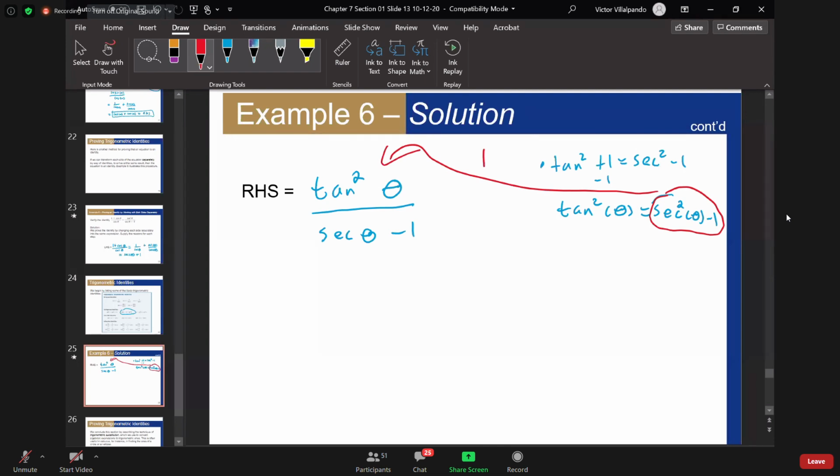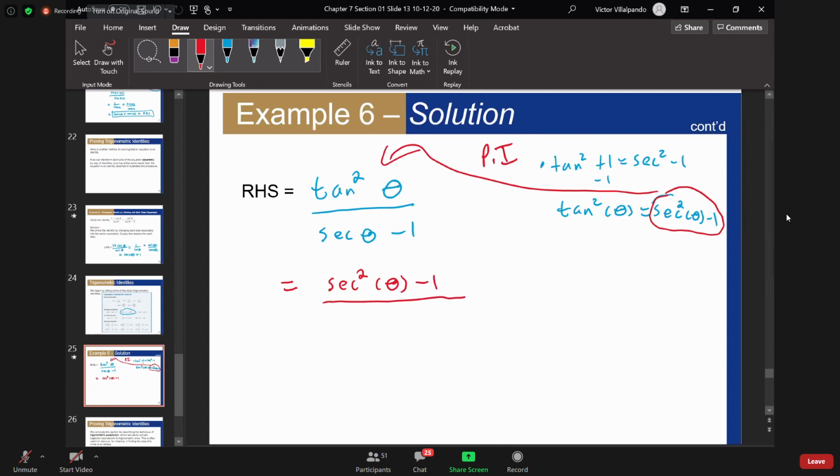This is the Pythagorean identity again. Yes, it helps to be familiar with these identities as well. I know they've been showing us these identities since chapter 5. So moving on, this allows us to rewrite tangent squared as secant squared theta minus 1.